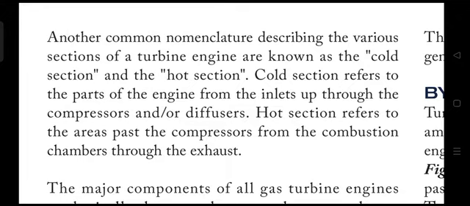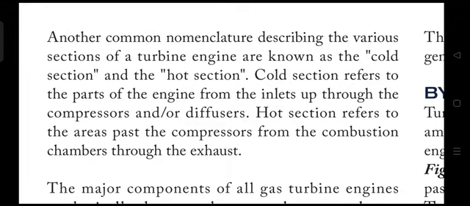Another common nomenclature describing the various sections of a turbine engine is the hot section and the cold section. In the last video you saw the different sections of an engine. Now I'll tell you how the two sections of an aircraft jet engine are considered. The cold section is the inlet, the compressor, and before and after that there is the diffuser, and we will come to those one by one when we describe the jet engine in great detail in the upcoming videos.